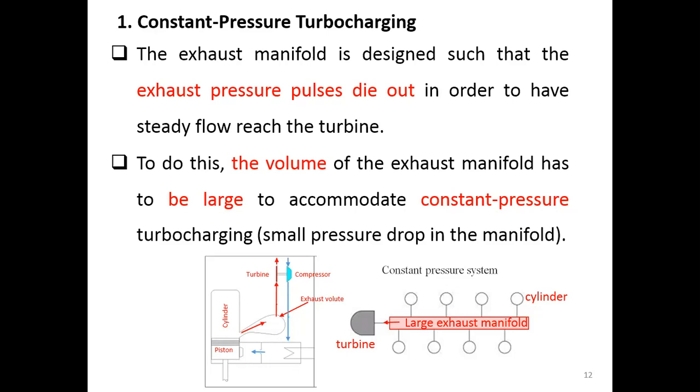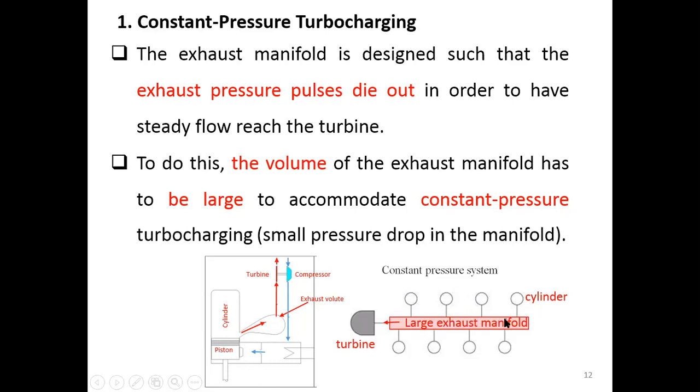So a small pressure drop will happen in the manifold, and the constant pressure of the flow will be received before it reaches the turbine here. In this picture, you can see that all of the cylinders send their exhaust to this large exhaust manifold. The exhaust will not come out at the same time for all cylinders; it will come out one by one.